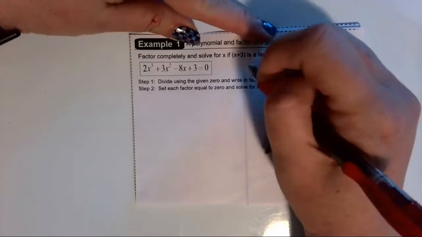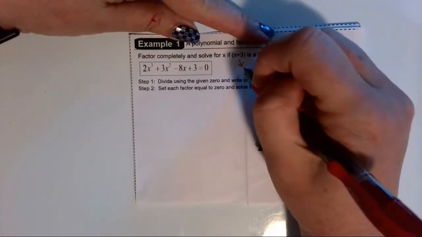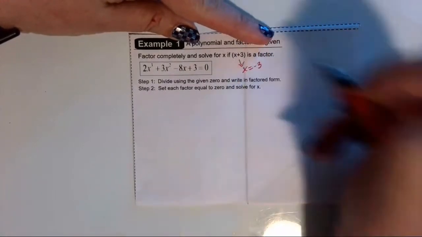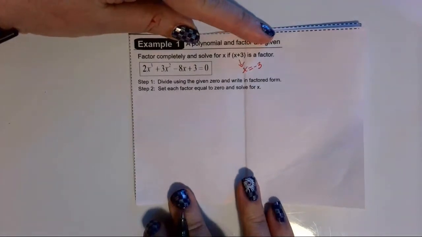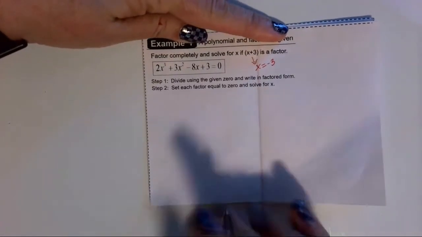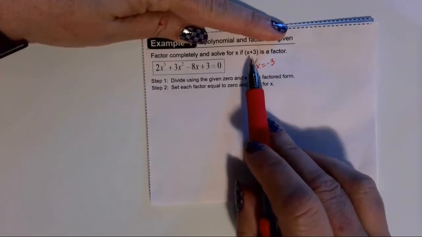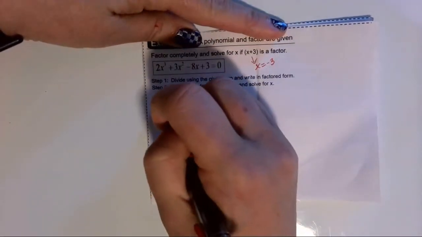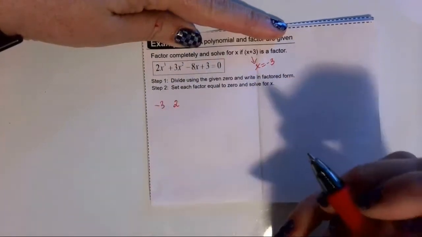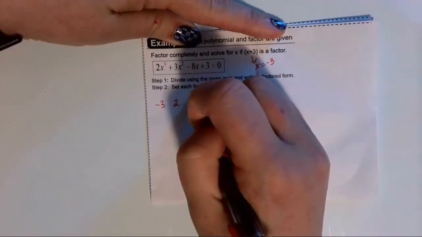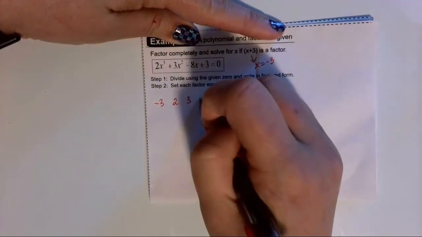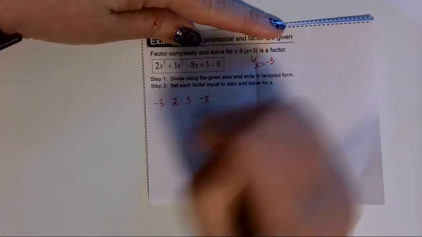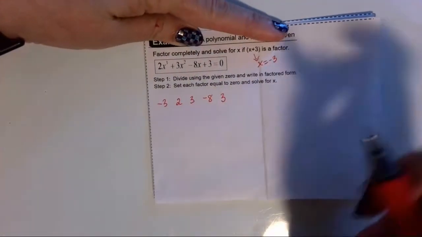And if x plus 3 is a factor, then the corresponding 0 is x equals negative 3. Since that's a linear divisor, I can use synthetic division. So I'm going to list my coefficients: 2, 3, negative 8, and then the constant is a positive 3.